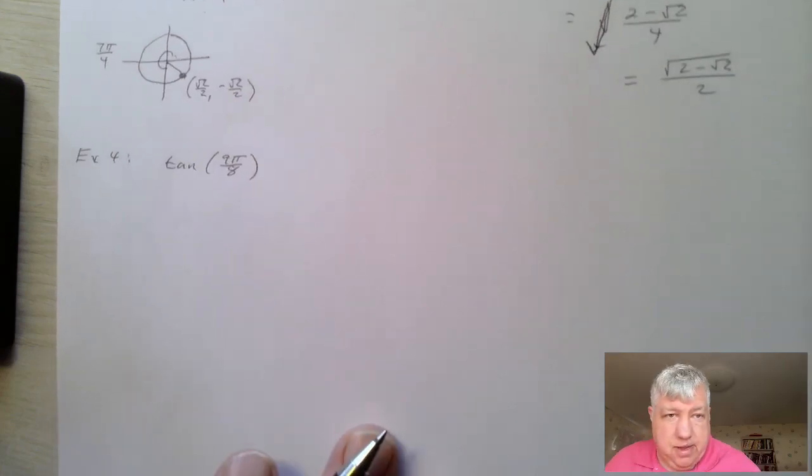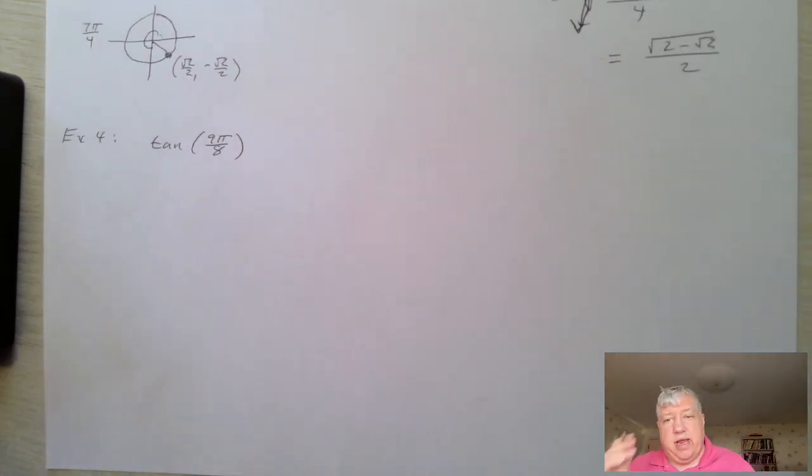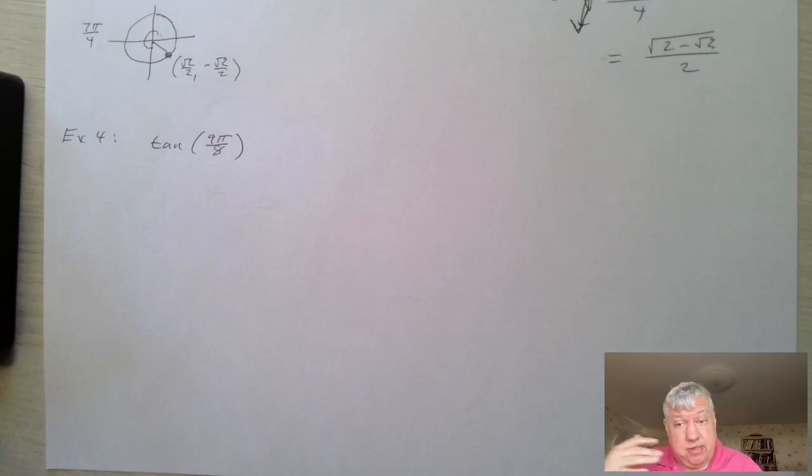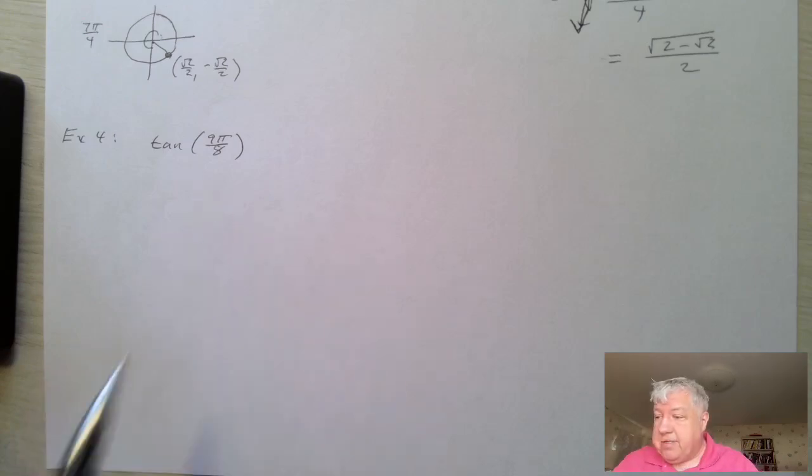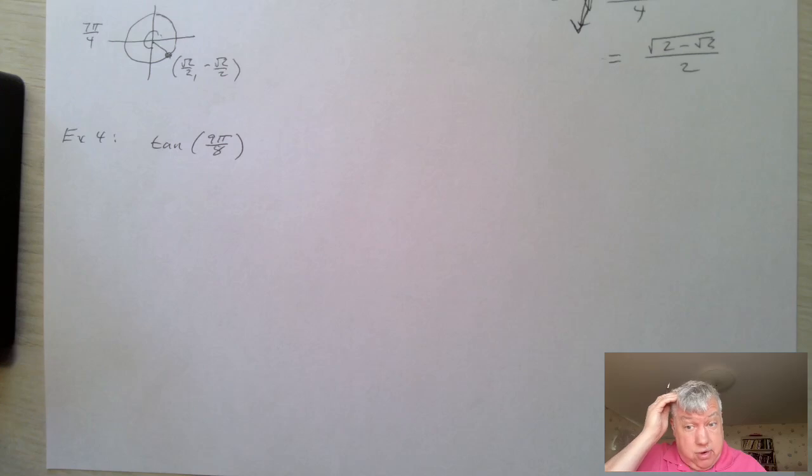Next, the tangent of 9 pi over 8. I think hopefully you kind of see we want to do the half thing. And half of this is 9 pi divided by 4. And that is another angle we should be kind of familiar with.